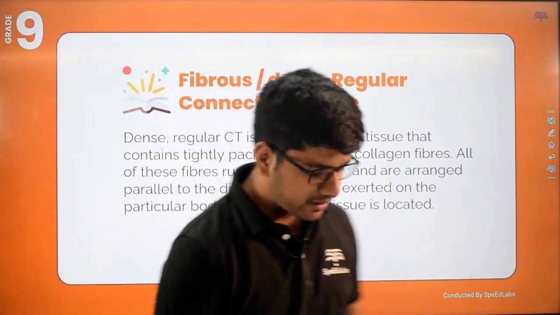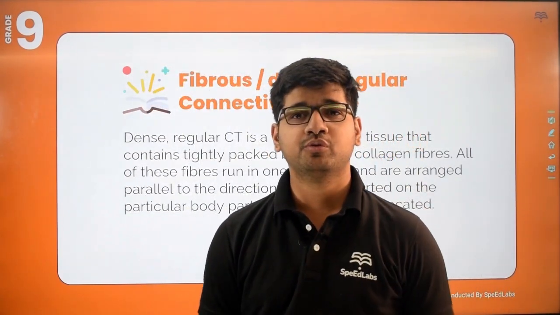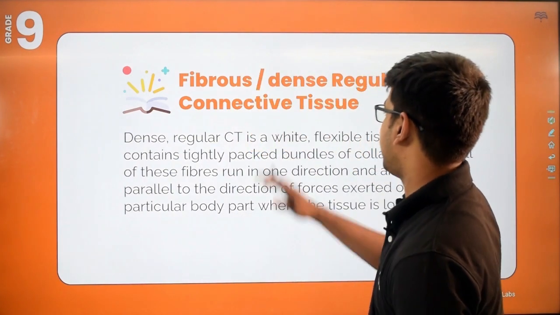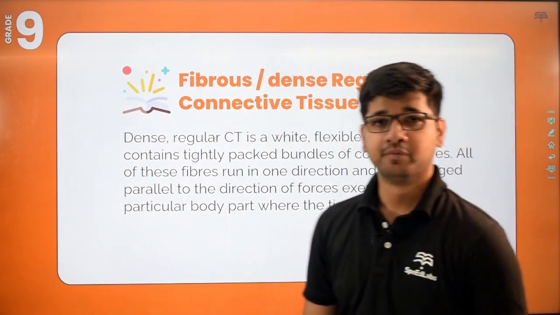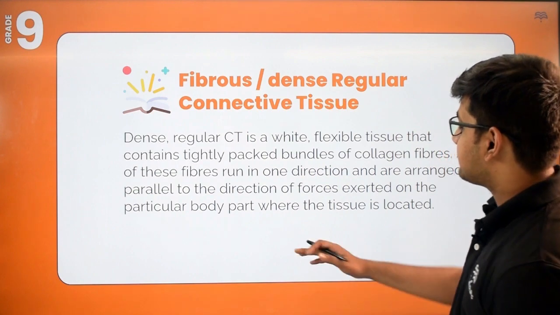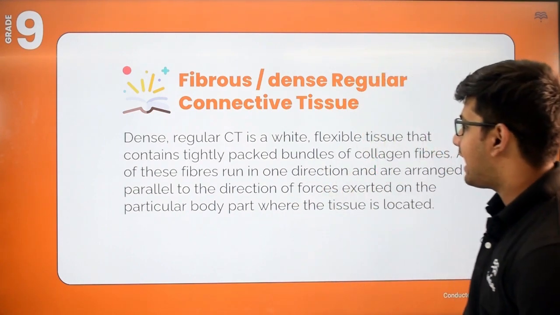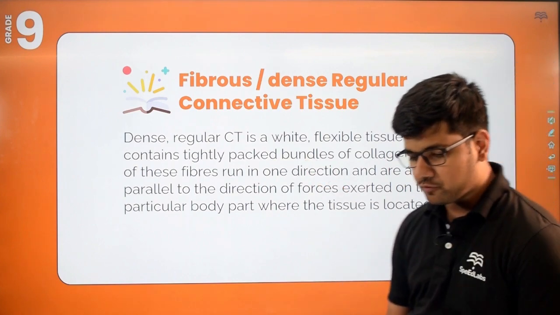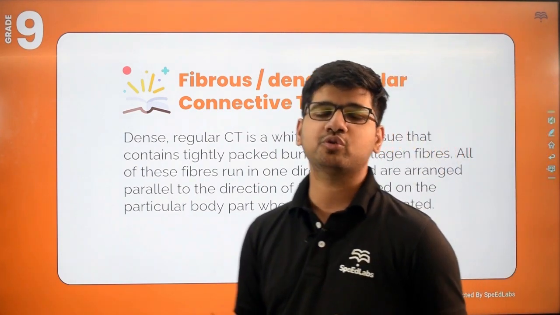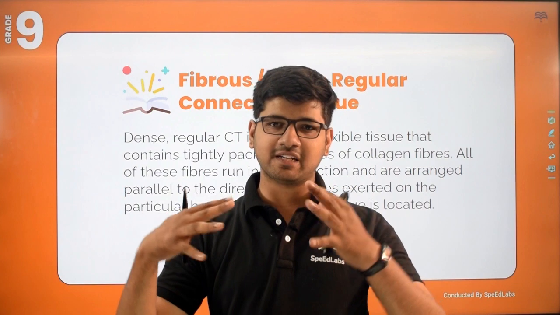Now, we are going to continue our connective tissue topic with fibrous dense regular connective tissue. Dense regular connective tissue, or CT, is a white flexible tissue that contains tightly packed bundles of collagen fibers, like I explained to you how bundles of collagen fibers are arranged.